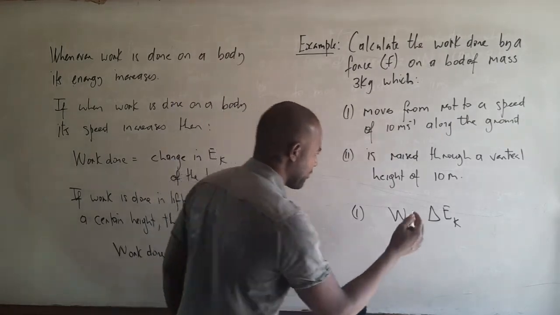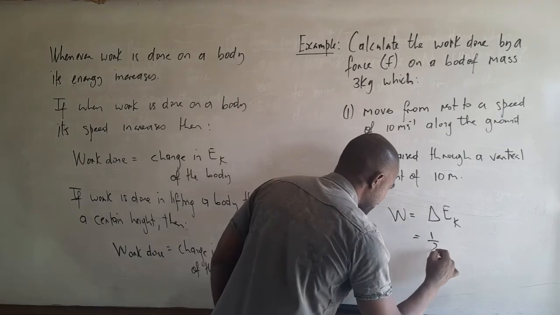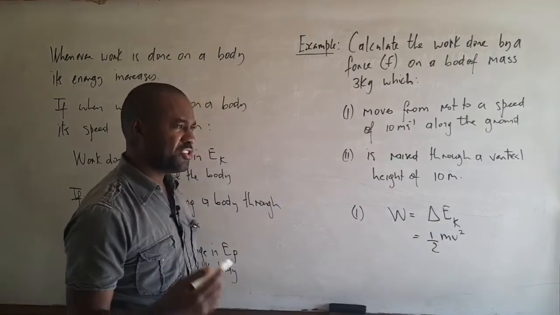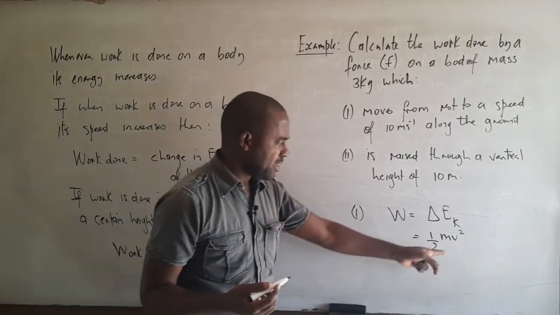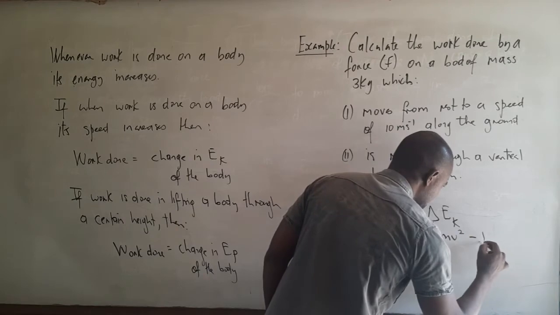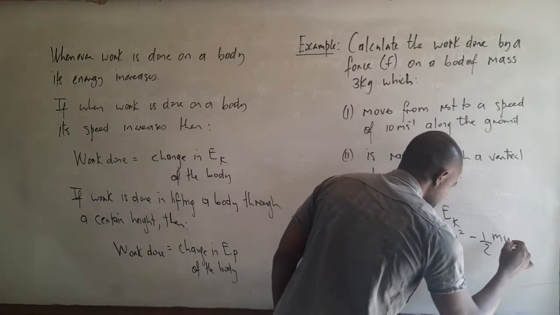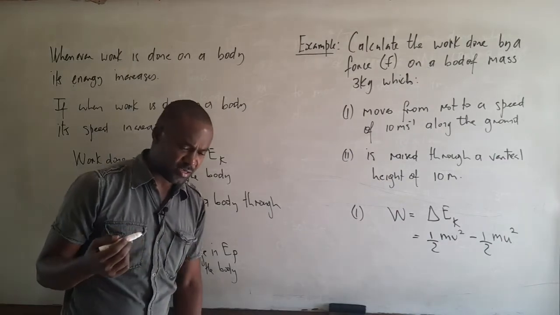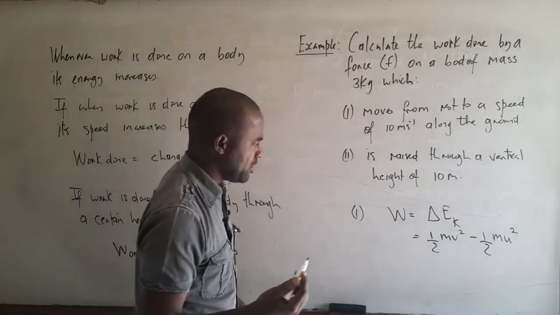So the formula for kinetic energy, of course, is a half mv squared. But since we're dealing with change in kinetic energy, it would be the final kinetic energy minus the initial kinetic energy, right? But as I said before, because the body was initially at rest, its initial kinetic energy will be zero.